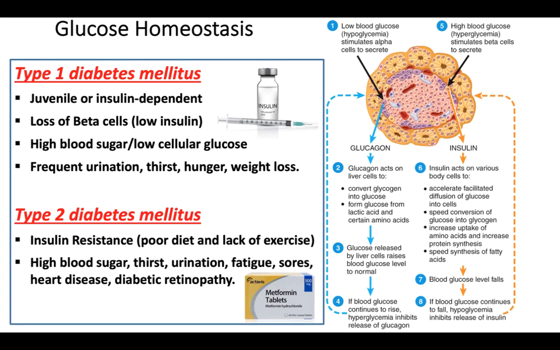So what happens is over a period of time of poor diet and lack of exercise, individuals have a lot of insulin production. So if you consume a lot of carbohydrates, especially the sugars, right? You're consuming a lot of sugar every day.